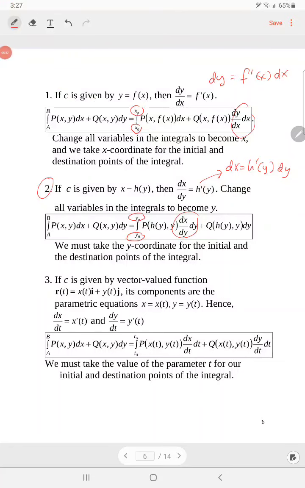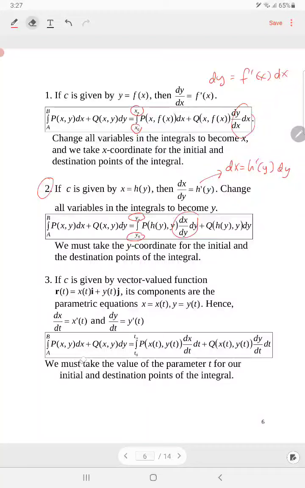The third case is where your curve C is given as a vector valued function. So you have x component, y component, or it can also be considered as a parametric equation. So you have x equals x(t), y equals y(t). Now what you need to do is change everything in terms of t. So we have P(x,y) dx plus Q(x,y) dy.